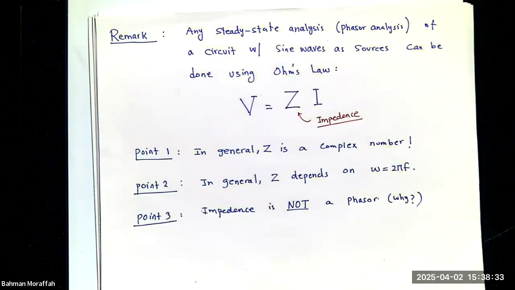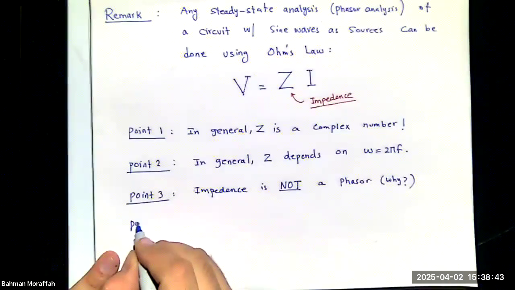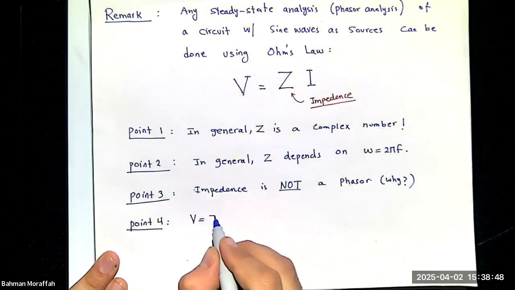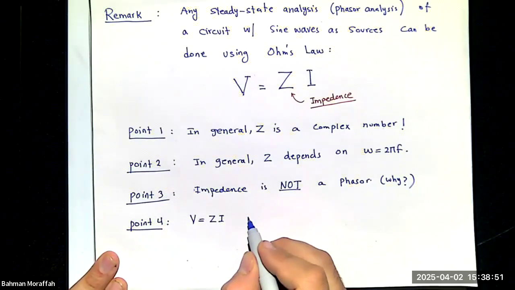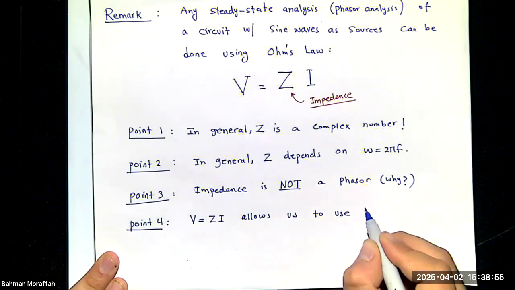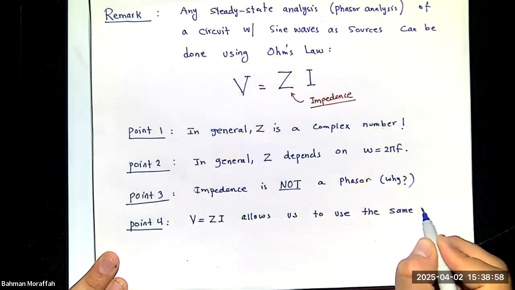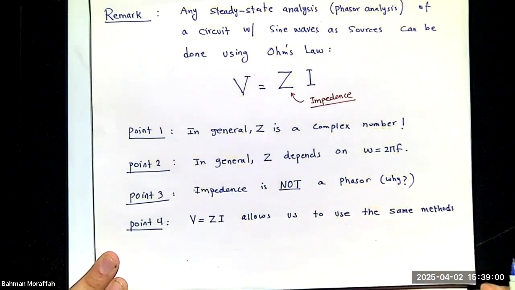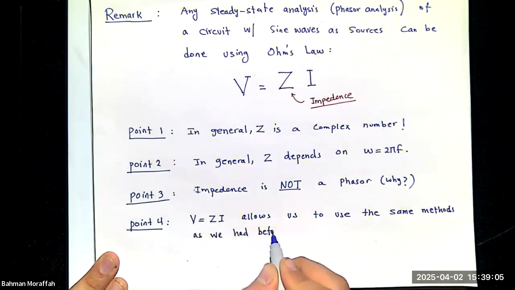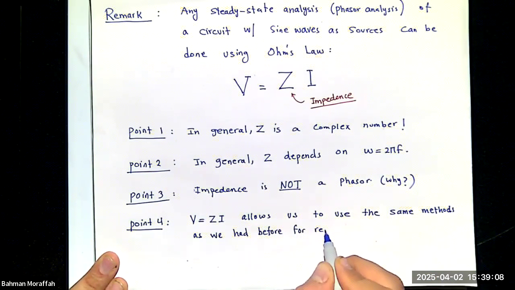If I have a bunch of them in parallel, I can combine them and get one equivalent impedance, right? So point 4: V equals ZI allows us to use the same methods as we had before for resistive circuits.